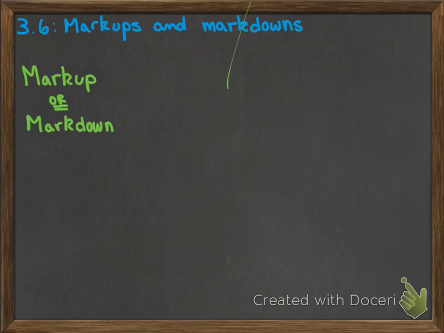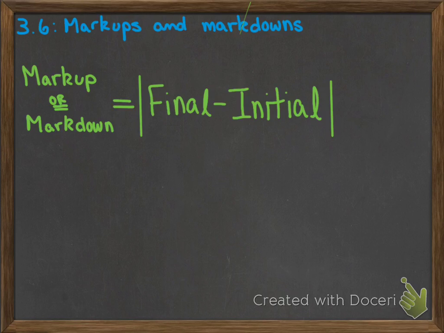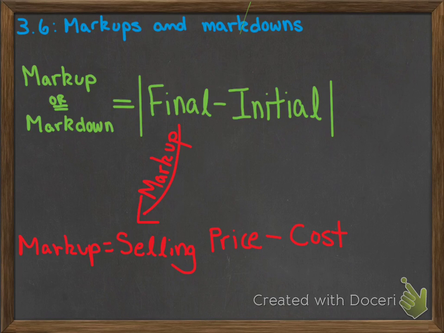All right, so the first thing we're going to talk about is markups and markdowns. This is just a brief reminder of what we talked about last time. Markups and markdowns, or amount of change, is final minus initial. For markups, it's going to be your selling price minus your cost.